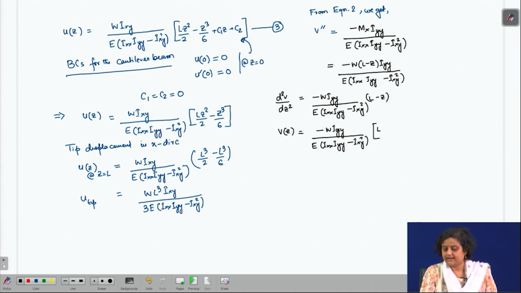If we integrate this, we will obtain Vz as minus W into Lz square by 2 minus z cube by 6 plus a1z plus a2, where a1 and a2 are the boundary conditions. So now the boundary conditions for the cantilever beam for V are V0 is equal to 0 and V dash 0 equals to 0.